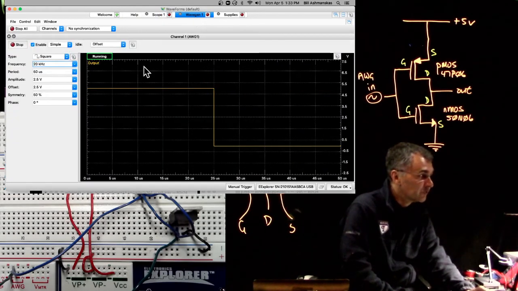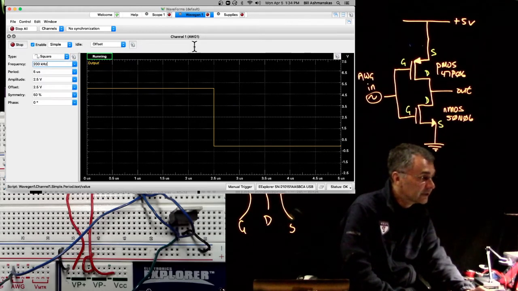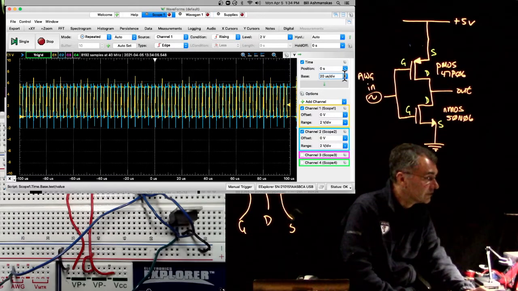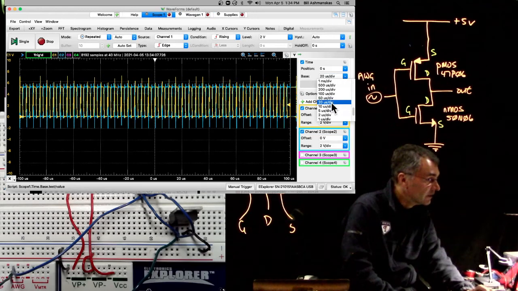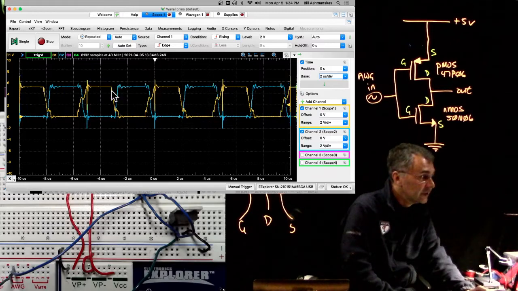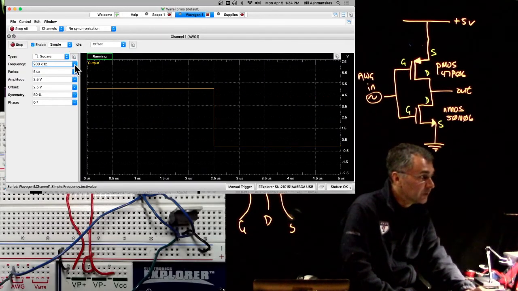If we go up another factor of 10, that's where it was starting to fail with the 1K resistor, I think. So let's go up to 200 kilohertz. Actually, we didn't see it fail, but it would have failed if we had gone that high. This is still doing quite well at 200 kilohertz, although I think you could see if we went up another factor of 10, it would struggle.